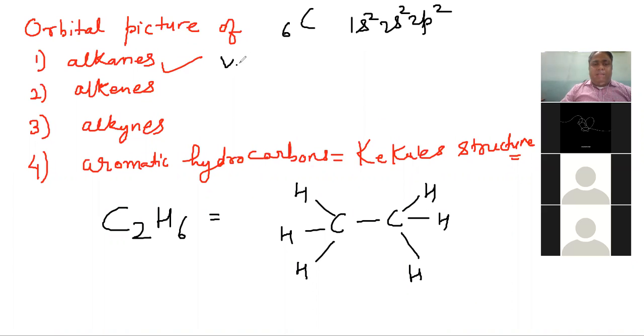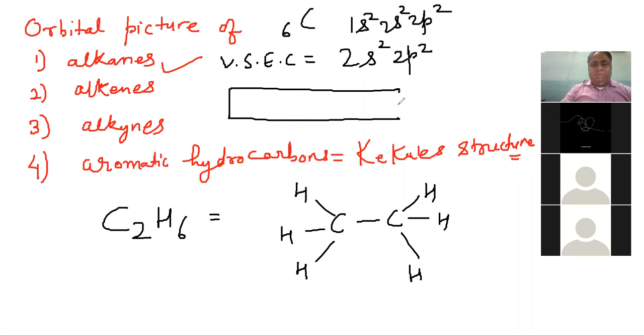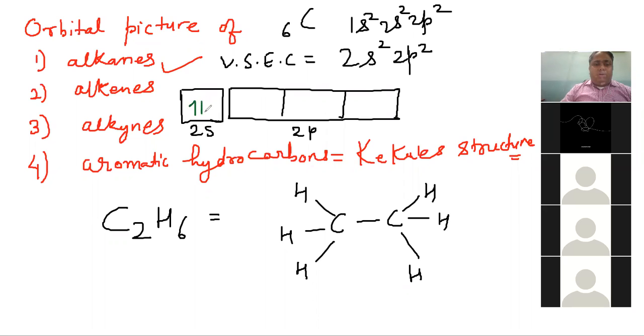So its valence shell electronic configuration is 2s2, 2p2. If we make boxes of it, this is 2s and this is 2p. s has 2 electrons and p has 2 electrons.